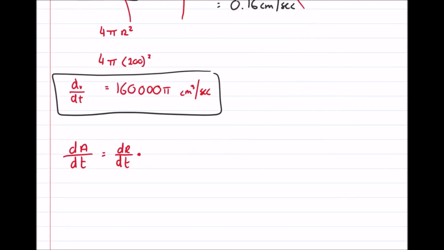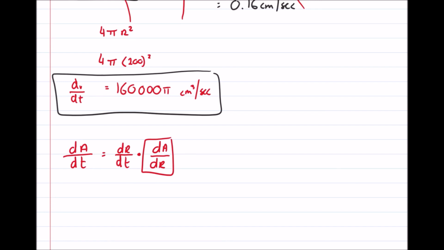So what I need then is, let me think, let's look at these two. I have the t's, so I need dA over dr. So that's what I need, dA/dr.